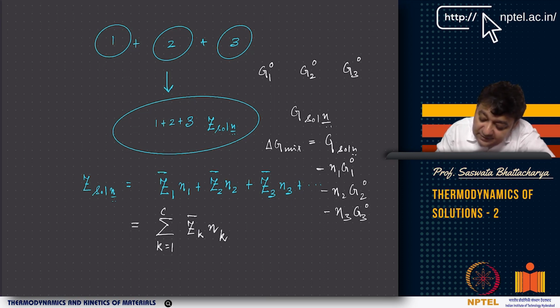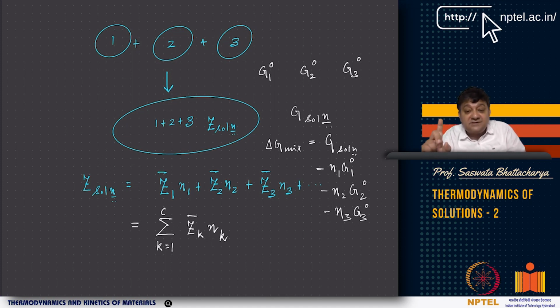So basically this is the change in molar free energy due to mixing, and G solution you can think of as nothing but the total free energy divided by the total mole number. So that is the G solution. Okay, that's the molar free energy of the solution, and this is the N1 G10. G10 is the partial molar free energy of component 1 in the standard unmixed state. Okay, so that's the idea, right?